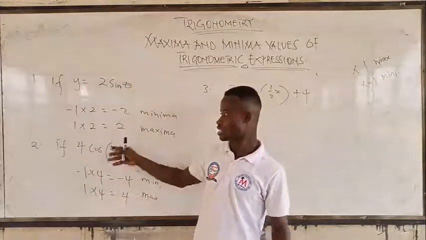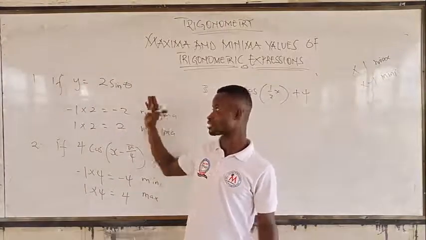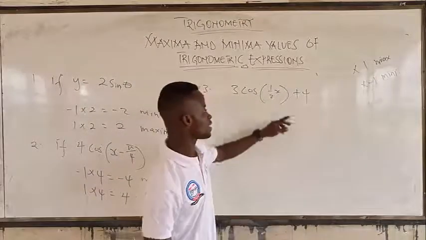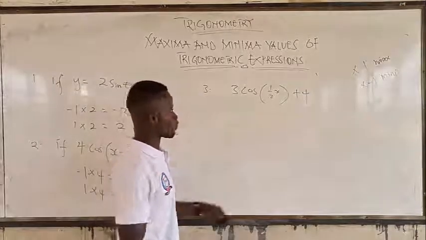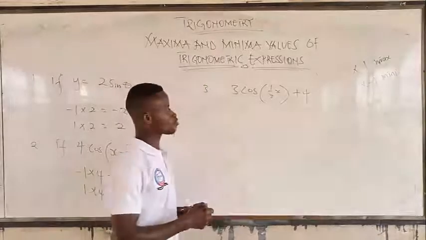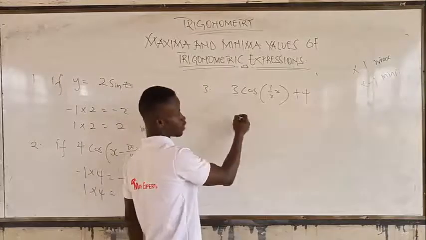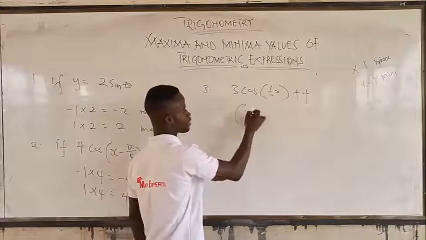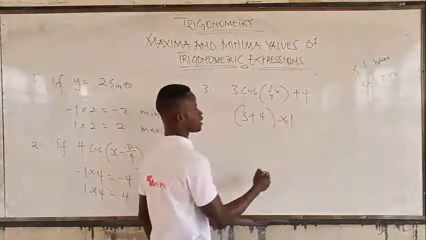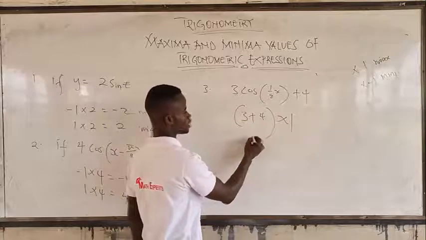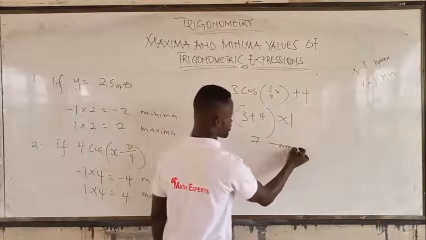Unlike the first, for example, there was no vertical shift. Here the vertical shift is 0. But here there is a vertical shift of 4, and that is upward. So here to find the maximum, you are going to add 3 plus the 4. The result you get, you multiply by 1. That gives the maximum. So here you get 7. So 7 is the maximum.